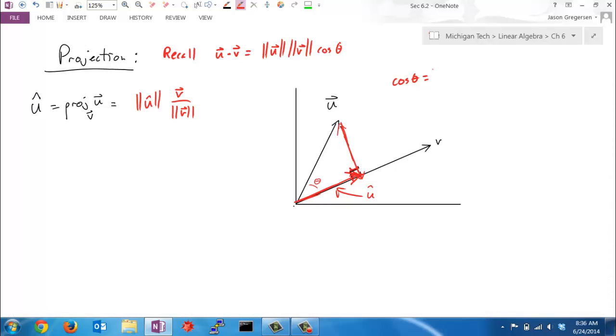Cosine of theta is equal to... SOHCAHTOA, I know you do that, right? It's my little mnemonic here. CAH: cosine is the adjacent over the hypotenuse. So the adjacent side is the projection. We're looking at the magnitude of the projection over the magnitude of the hypotenuse. Okay.